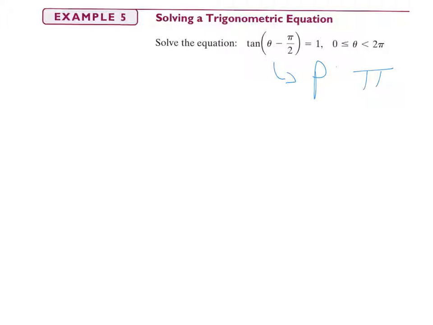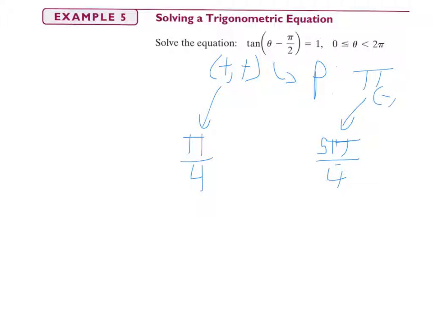And remember, tangent is equal to 1 at pi over 4 and at 5 pi over 4, because in the first quadrant, both the cosine and sine are positive, and in the third quadrant, they're both negative.